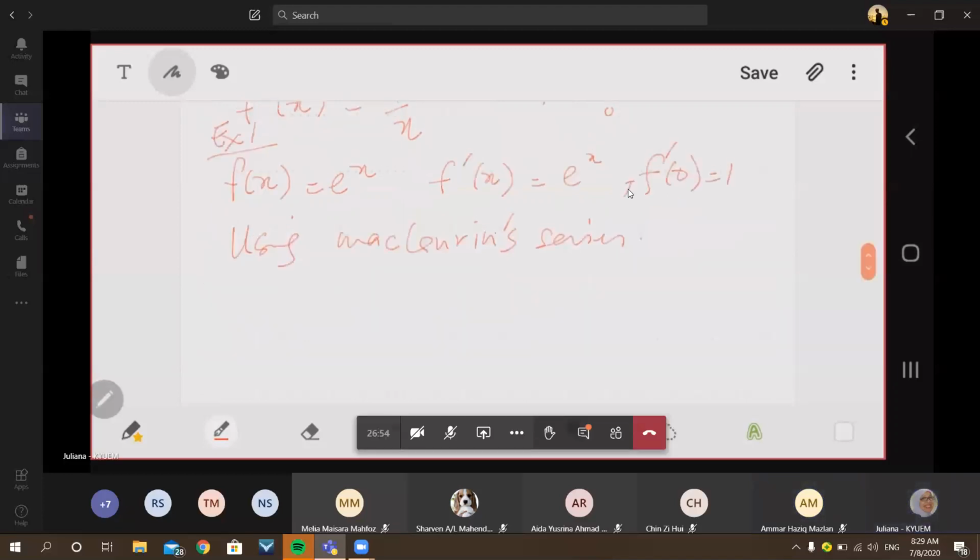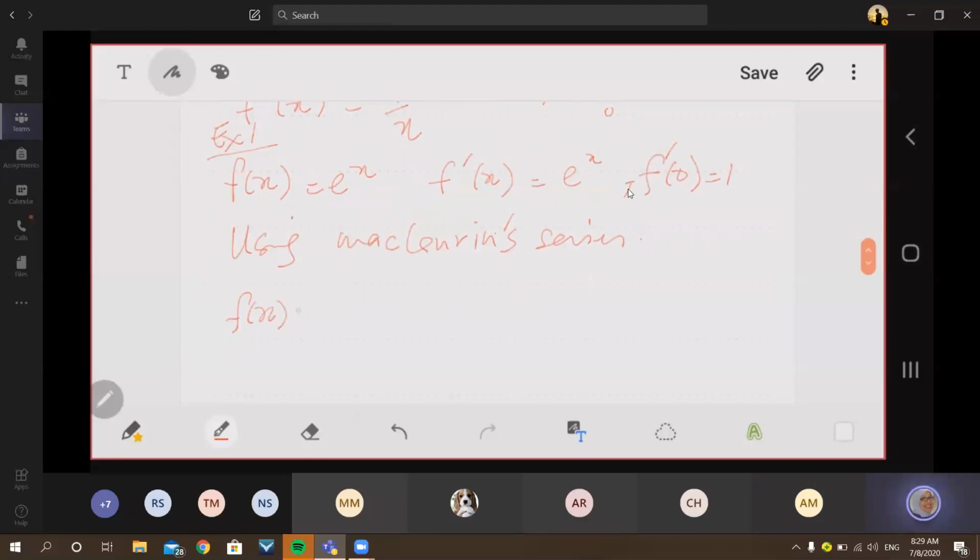Using Maclaurin series, as mentioned, we get f of x equals f of naught plus f prime of naught x plus f double prime of naught x squared divided by 2 factorial plus f triple prime of naught x cubed on 3 factorial.